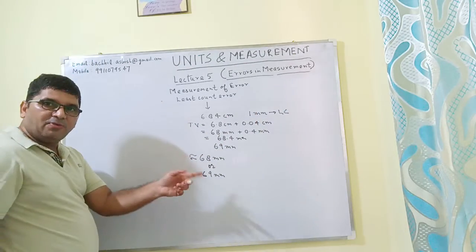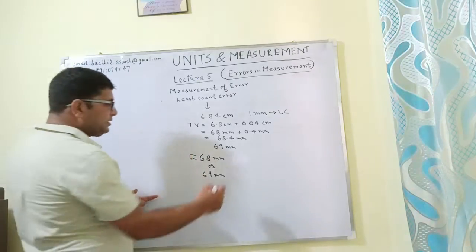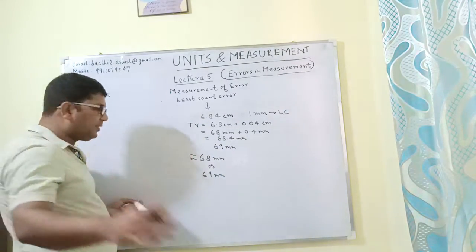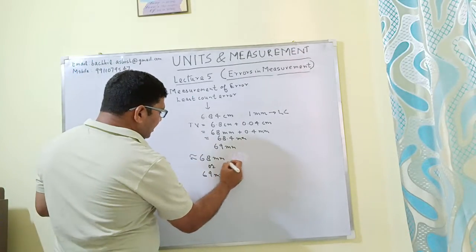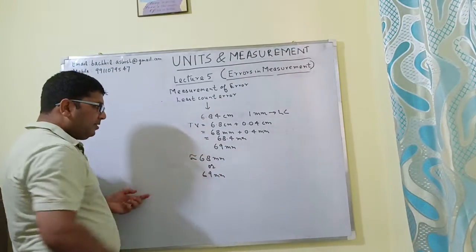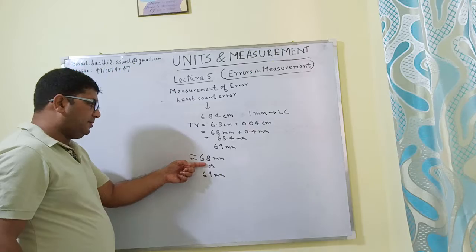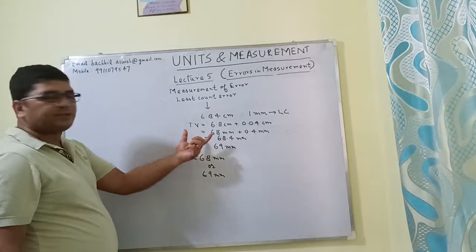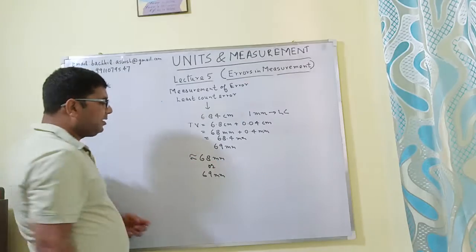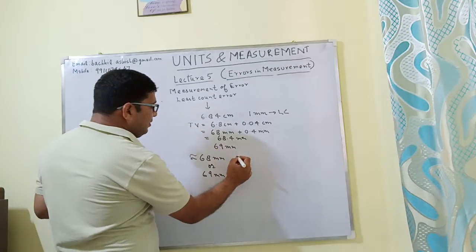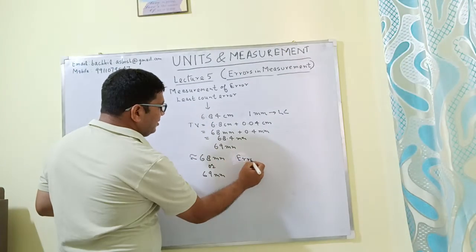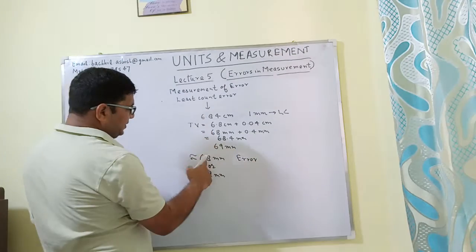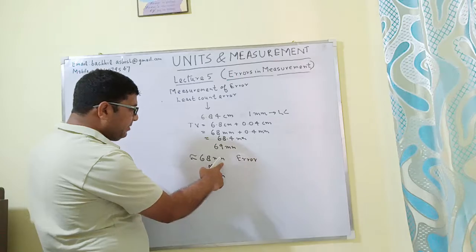So what will be the error? Error is equal to the difference between the measured value and the true value. So here, if I say that the approximate value of this measurement is 68 mm, then the error will be equal to the difference between the true value and the measured value, that 68 mm is equal to 6.8 centimeter.